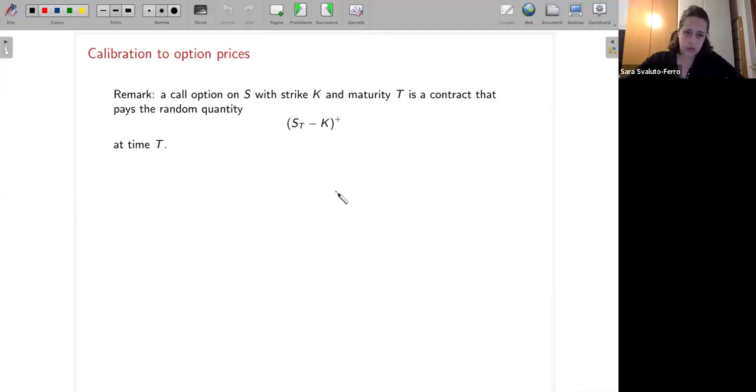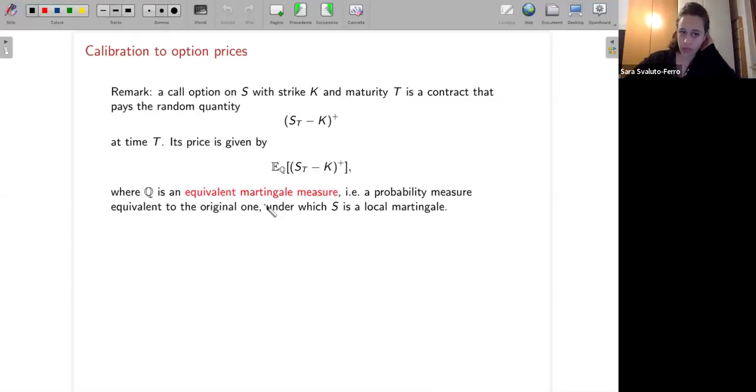I guess that you are familiar with this, but let me still recall what it is. A call option is a contract that, if you fix a strike K, pays you the difference between S_T and K in the case that the price at time T is bigger than K. Its price from a theoretical level is given by the expectation with respect to an equivalent martingale measure.